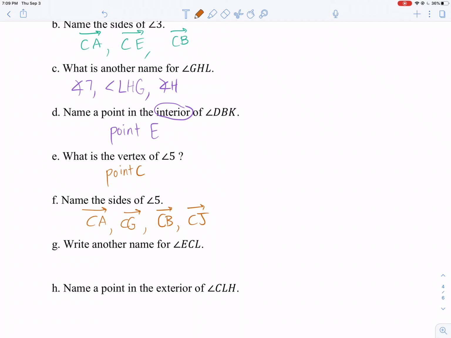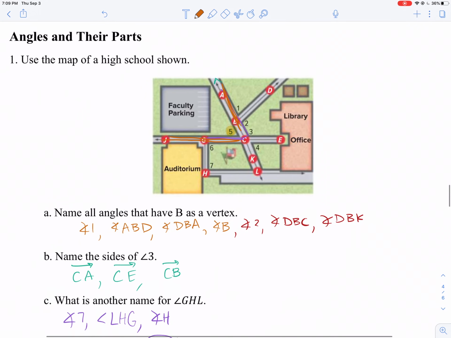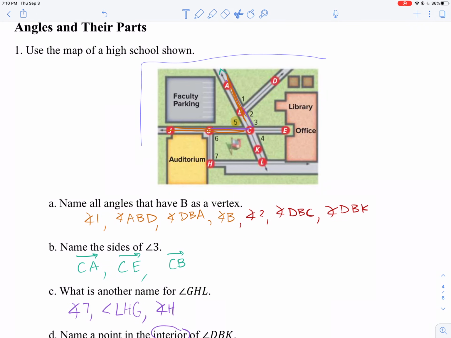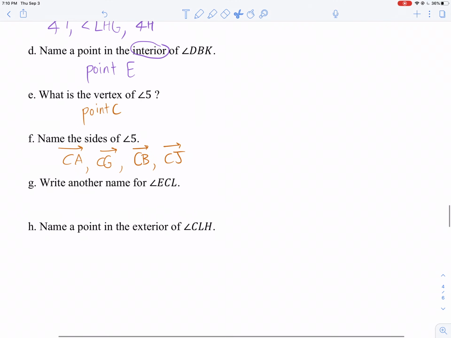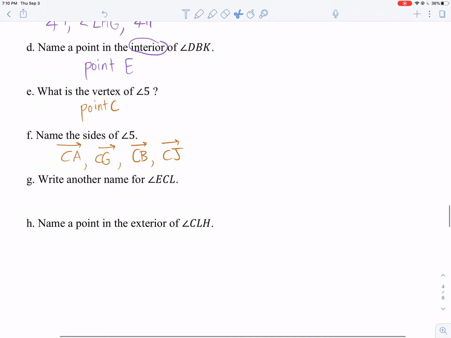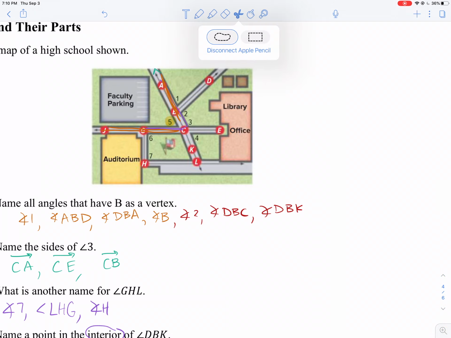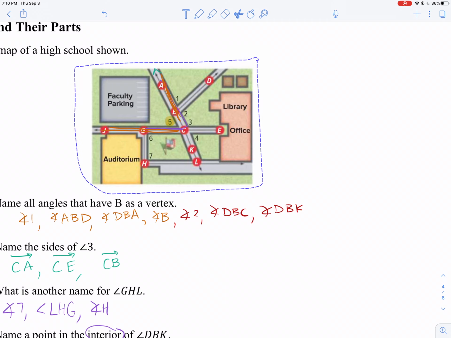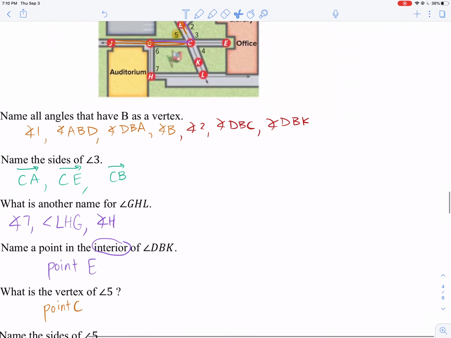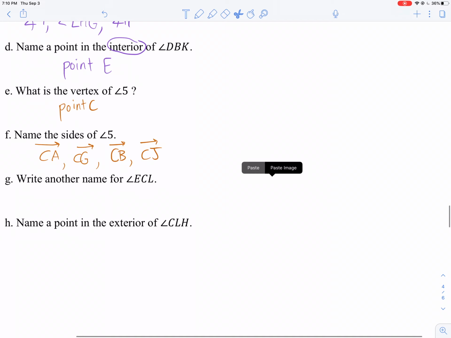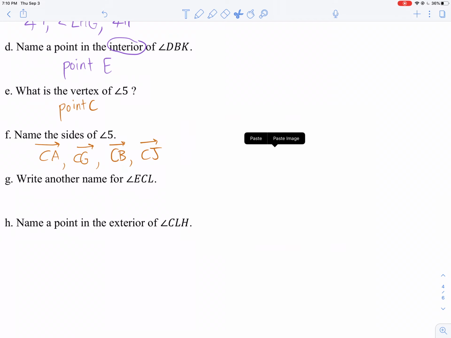Next one, write another name for angle ECL. ECL. So it might be a good idea if I copy this and bring it down here. So let's see if we can get it to work. Let's try it again.